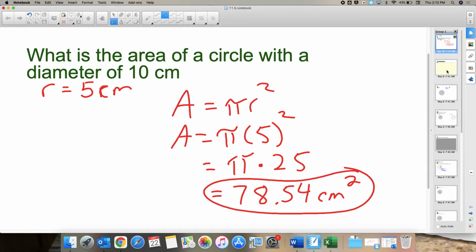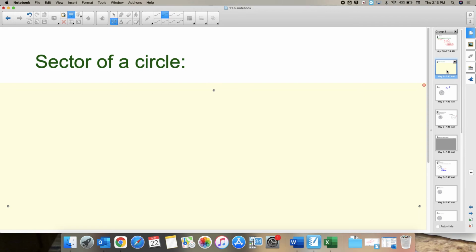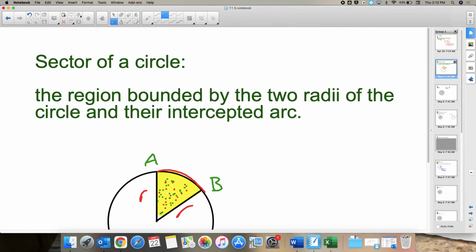So as we talked about finding that area, we just do pi r squared. Now, when we talk about a sector of a circle, we talked about looking at just a partial piece of your circle before. Your sector, it is actually that piece of pizza that you are going to be pulling out. So a sector is the region bounded by the two radii of the circle and then their intercepted arc as well.